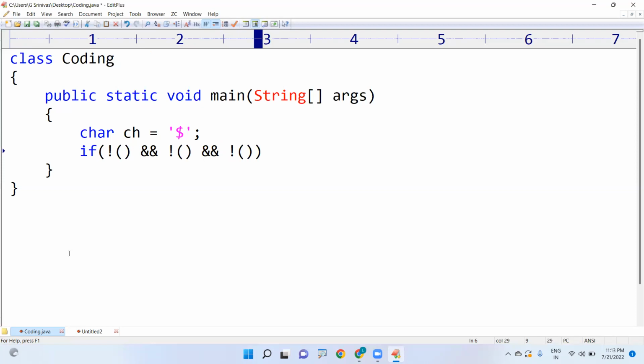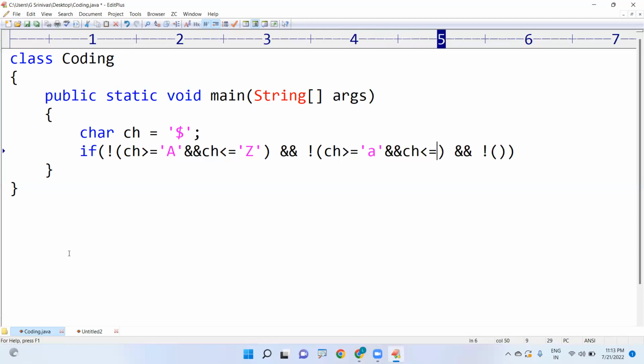We have already discussed that. How can we check the character is an uppercase alphabet or not? If it is greater than or equal to capital A and less than or equal to capital Z. So if it is not an uppercase, and if it is not a lowercase, ch less than or equal to small z, and if it is not a digit, greater than or equal to 0 and less than or equal to 9.